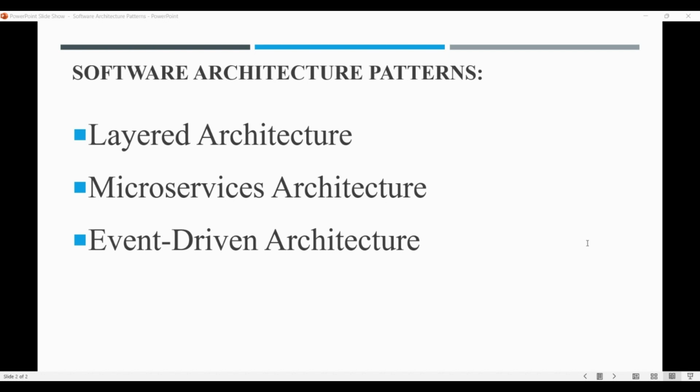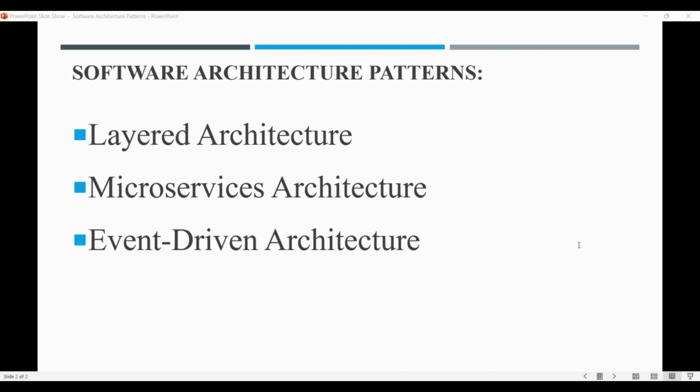Next, we have the microservices architecture pattern. The microservices architecture pattern is quickly gaining ground in the industry as a viable alternative to monolithic applications and service oriented architecture.